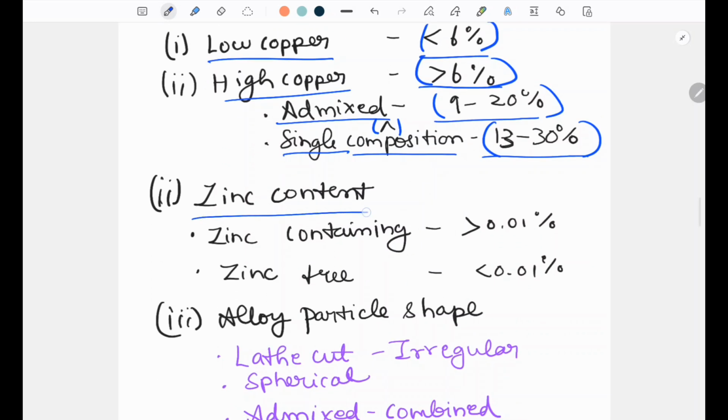Zinc content. When I say high copper, in high copper there is a chance of gamma 2 phase formation. I will tell you what gamma 2 phase is and each phase of amalgam in the upcoming videos.